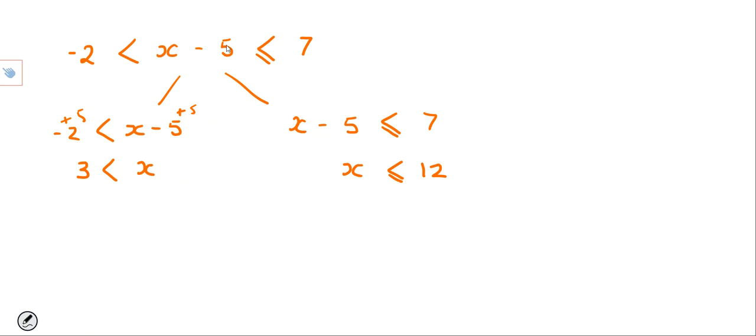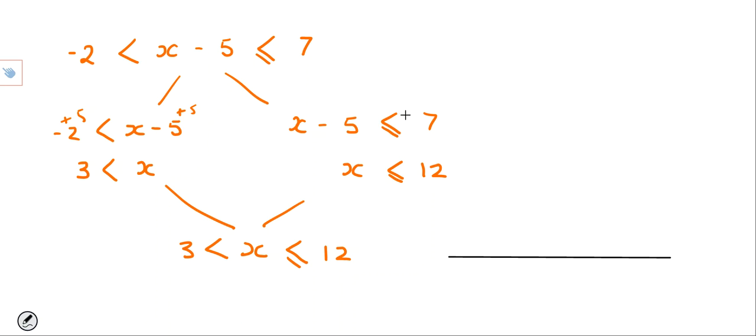Now where we split it, we combine it back together and say x has to be less than or equal to 12, but greater than 3. And then we do our number line.